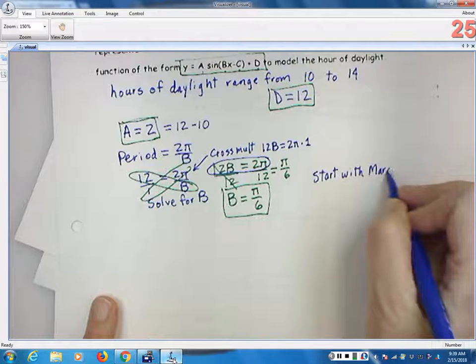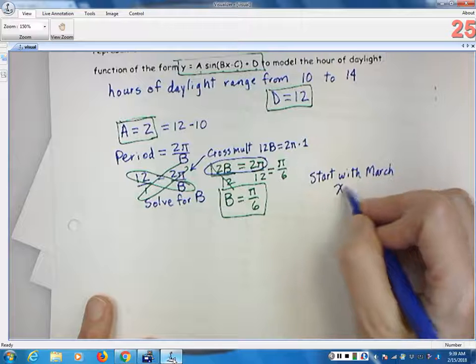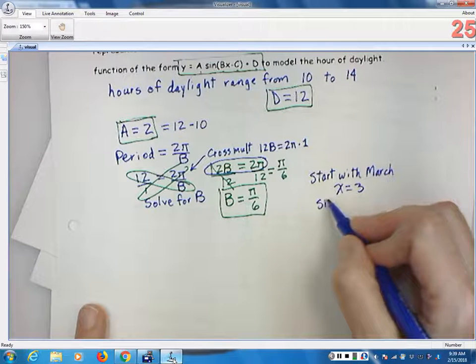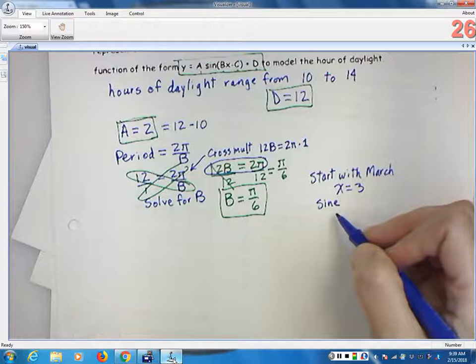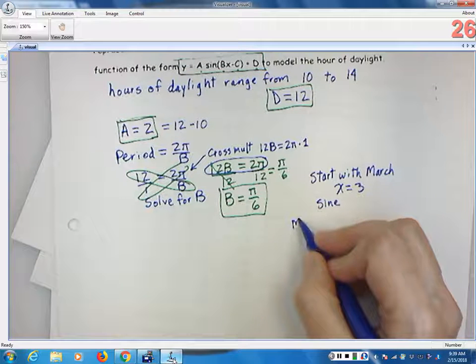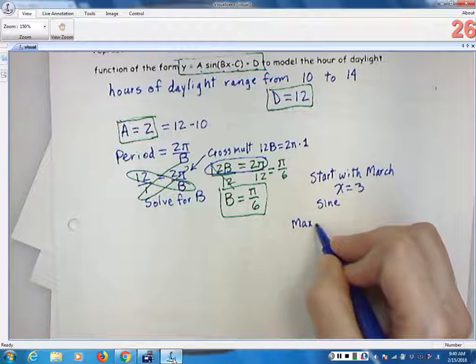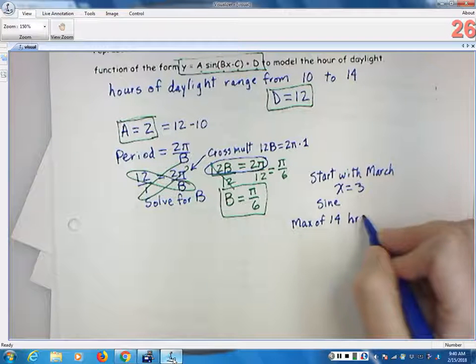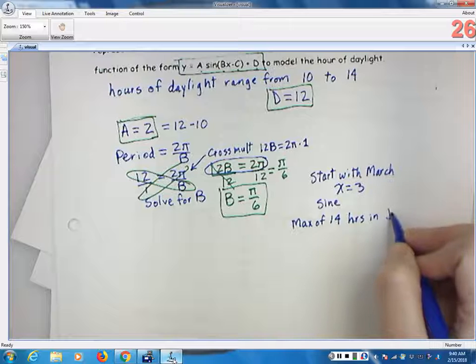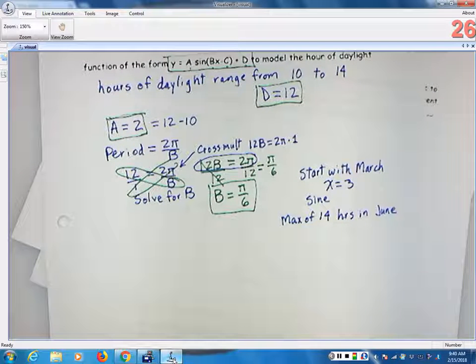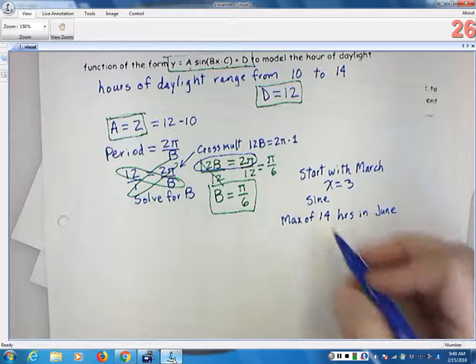March, x equals 3, because it's the sine function, and it tells us in the problem hours are at a maximum of 14 hours in June and a minimum of 10 hours in December.